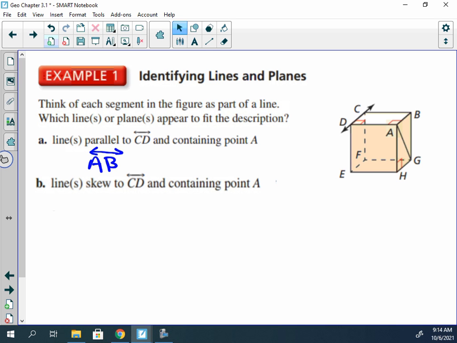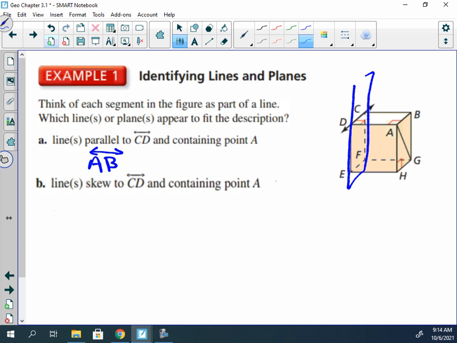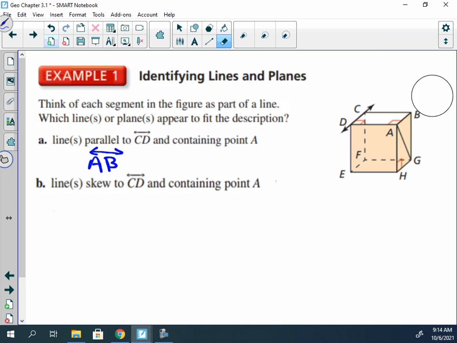Line or lines parallel to CD and containing point A? Well, does EF contain point A? No. It is parallel because EF is contained in the plane with CD, but it's going vertically, and the plane of BC and AB is more horizontal. But that would work if it wasn't asking us for the line to contain point A. If it just asked for a parallel line, that would work.